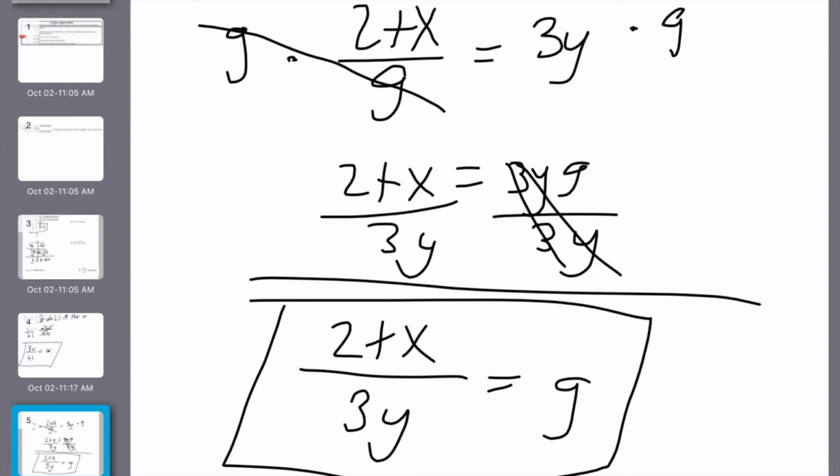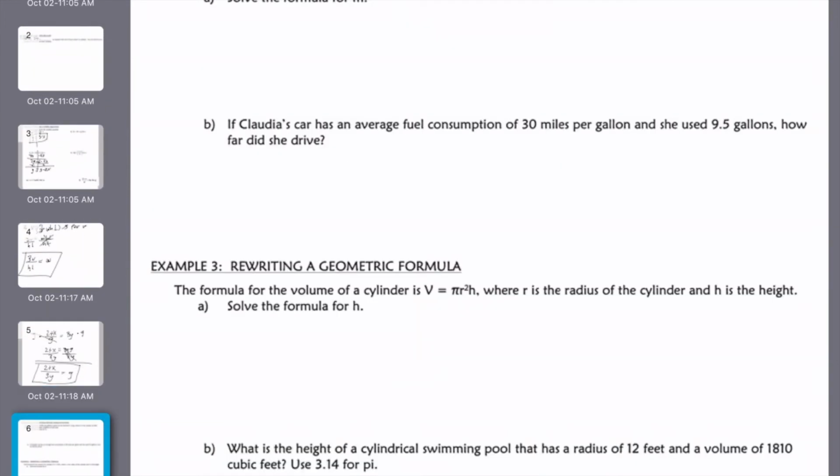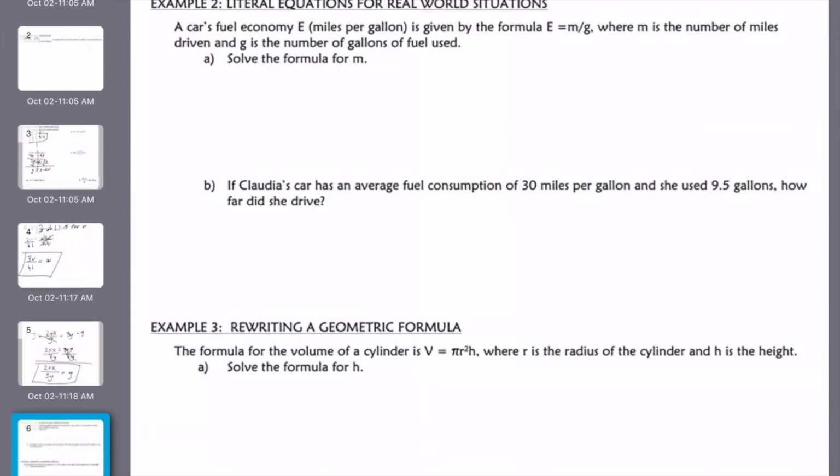All right. Let's move on to our final slide. A car's fuel economy, E, miles per gallon, is given by the formula E equals miles divided by gallon, where M is the number of miles driven and G is the number of gallons used.